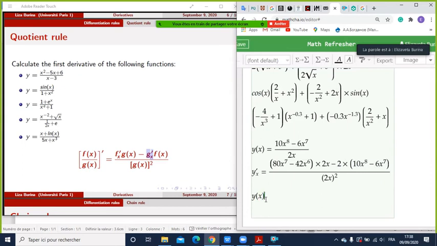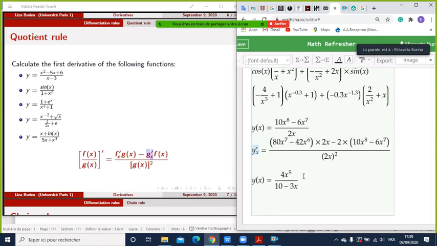Another one. Fraction. Which one should I take? This one. It's nice. 4x to the power of 5 divided by 10 minus 3x. See, it's not very difficult, but what we cannot do here is simplify, so we have to go through the rule of derivation of the fractions.